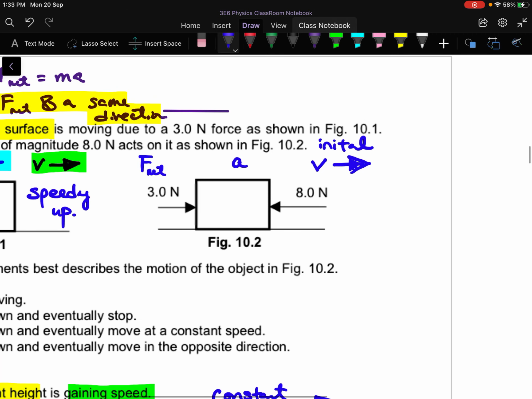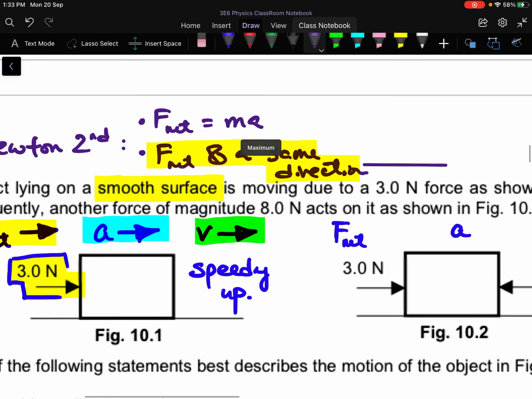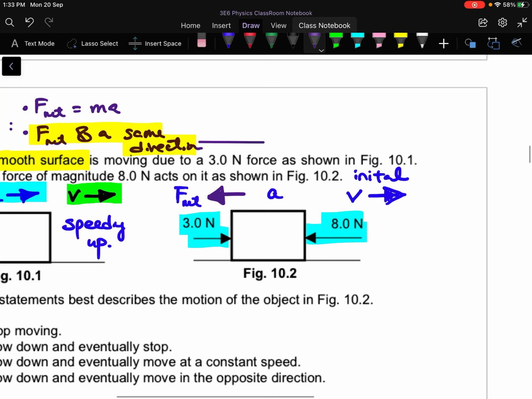Now if you look at the forces acting on the object, there are a total of two forces. If you sum them up, since they are on the same line of action, the F net will be -5, meaning your F net will be in this direction. If the F net is in this direction and you are aware of Newton's second law, you would know that now your acceleration will be in this direction.